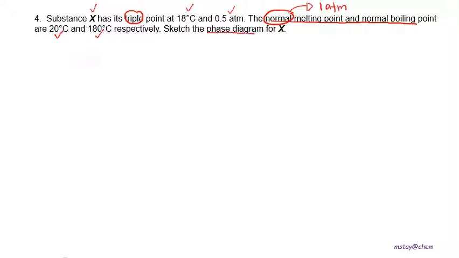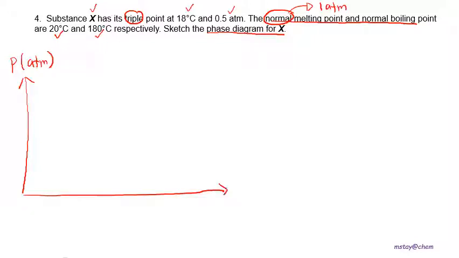Sketch the phase diagram for X. As we know, a phase diagram is a plot where the y-axis refers to the pressure. Then please remember to include the unit for the pressure, atmosphere. And then the x-axis refers to temperature in the unit of degrees Celsius, or in the unit of Kelvin also.